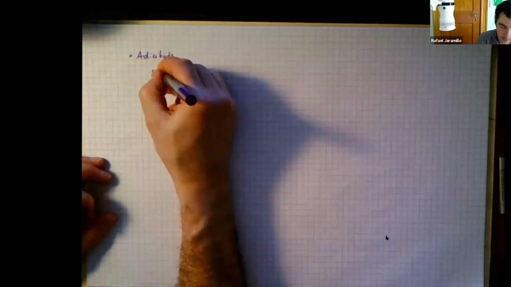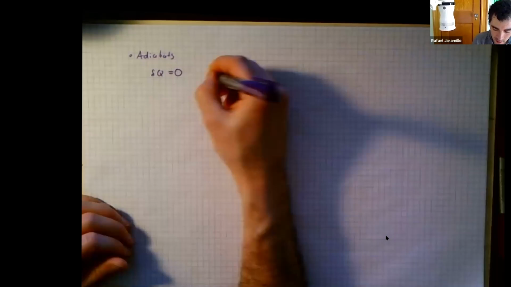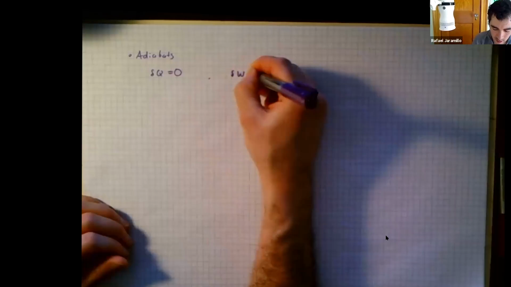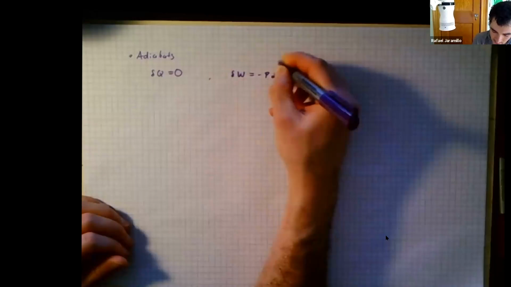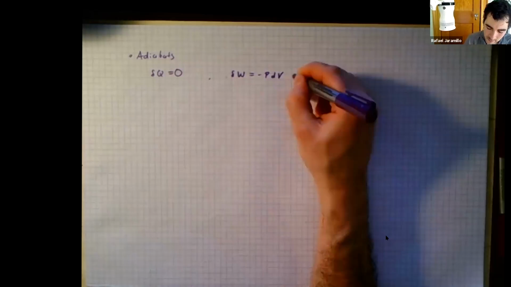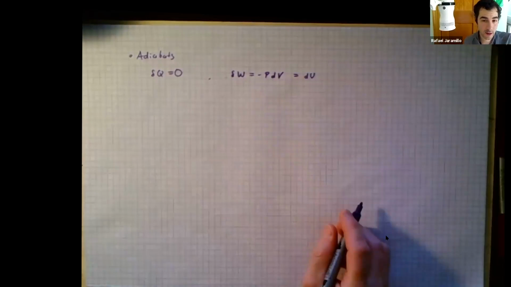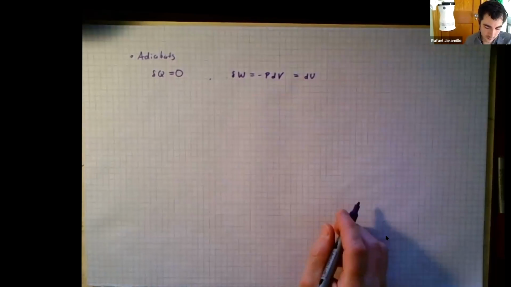An adiabat is a process with no heating across the boundary. So we know that d work equals minus p dV, as usual. This also has to equal the change in energy, which is no heating. How do we calculate this?